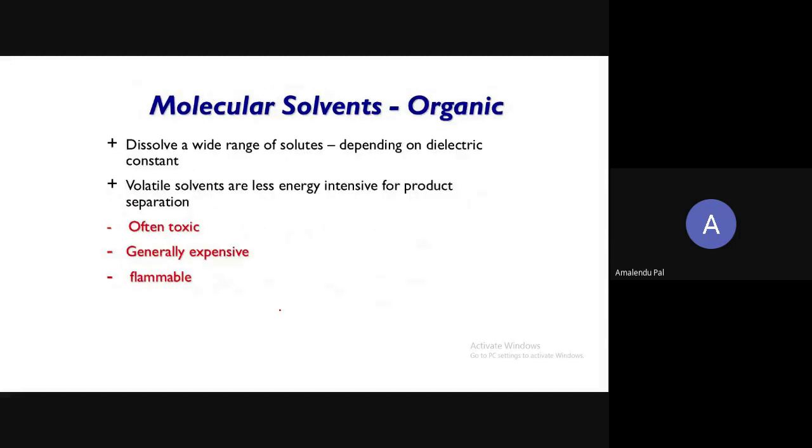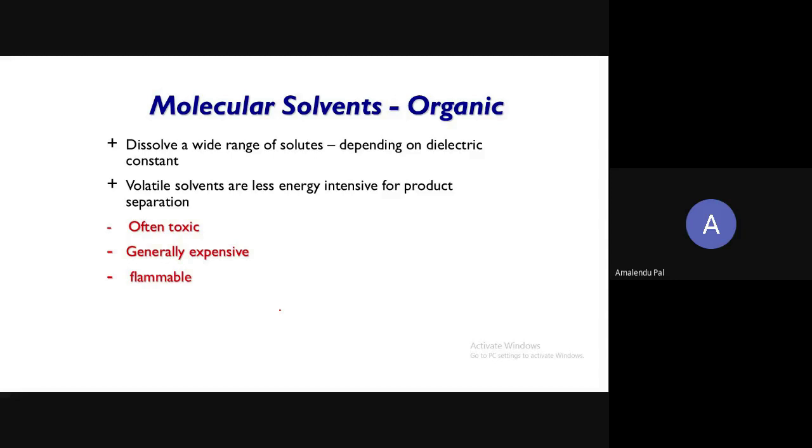So another thing, molecular solvent, organic. It can dissolve a wide range of solutes depending on the dielectric constant. If the dielectric constant is very high, then most of the solutes can dissolve. That's why it's a good one. And volatile solvent, because water is not so volatile, with its 100 degree temperature.